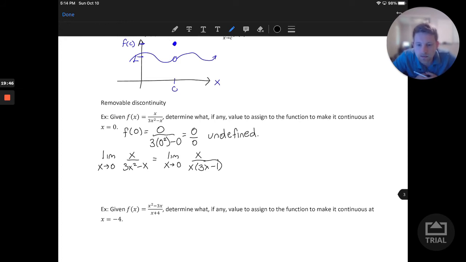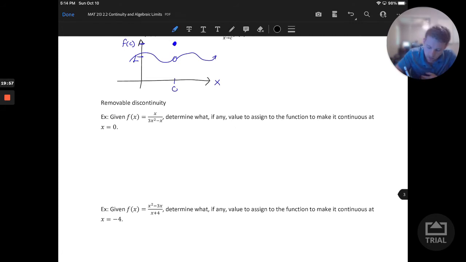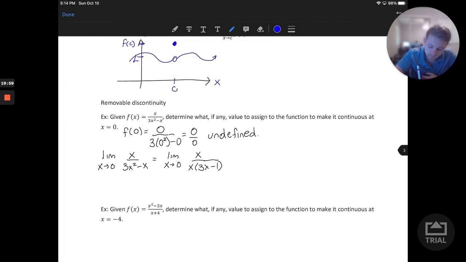And here in the limit, we're actually able to cancel those x values. The limit value is going to be the same regardless if we keep that factor or not. So we can continue simplifying this and say, let's cancel out each of those x terms. And we can rewrite our limit as the following. The limit as x goes to 0 of 1 over 3x minus 1.